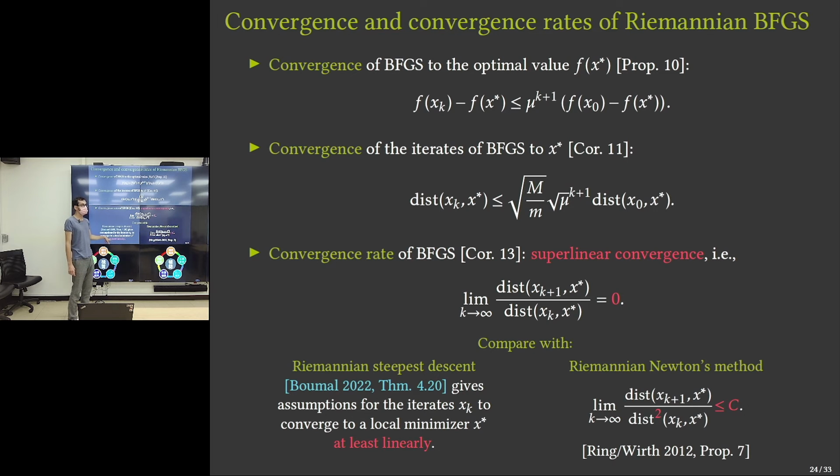It says it converges at least linearly, but let's say it converges linearly. It might be more, but we don't know. Instead, for BFGS, we have superlinear convergence, so it is much faster. And this is another comparison with another method, the generalization of Newton's method, which converges quadratically. This is also in the same paper, even if they then do not use it in the applications.